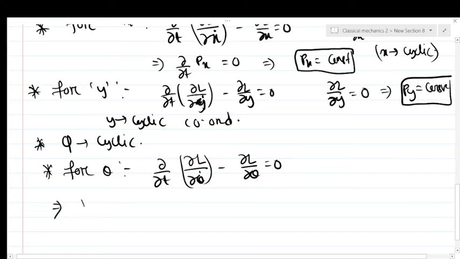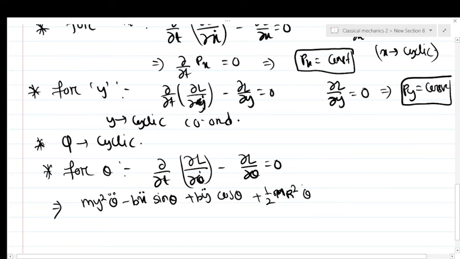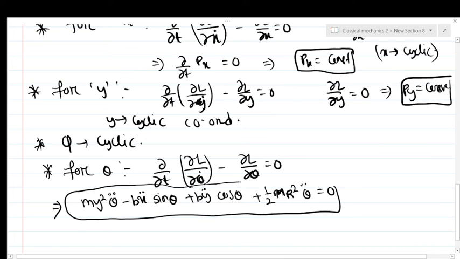I have already found it, so I am writing directly: m l square theta double dot minus m l x double dot sin theta plus m l y double dot cos theta plus half M r square theta double dot is equal to 0. This is the equation of motion for theta.